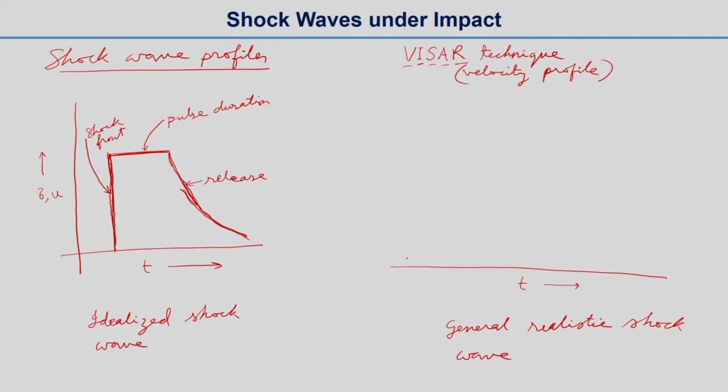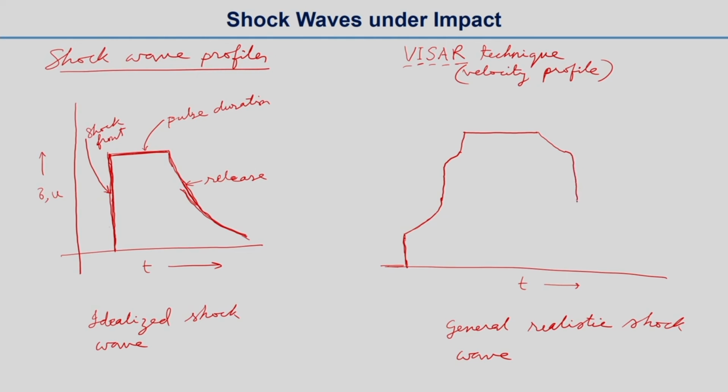Here, first there will be a steep rise of pressure or particle velocity. Then we will have some slope in that part. It will go steeply up again, and this will look like this, and then the plot comes something like this.